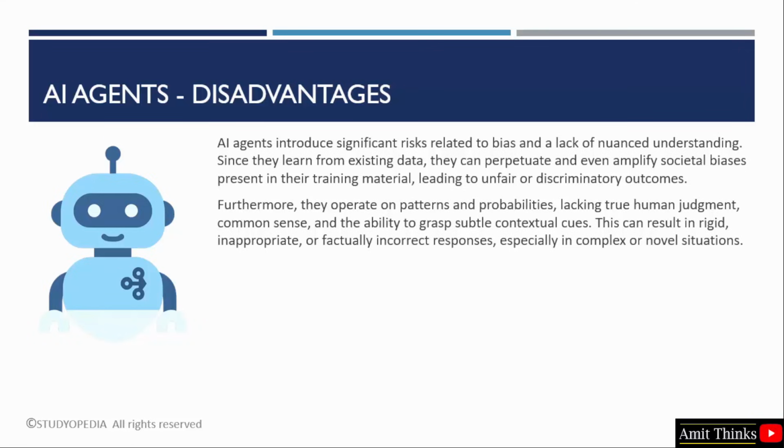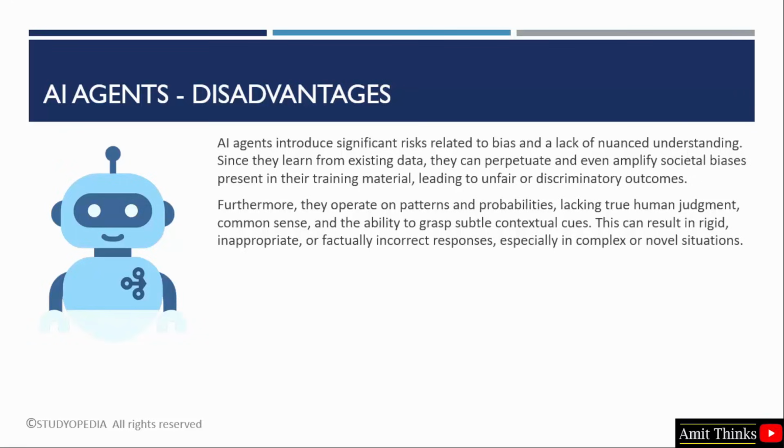AI agents carry notable limitations that can undermine their reliability. Because they are trained on existing datasets, they often replicate and sometimes intensify the biases embedded within that material. This can lead to unfair or discriminatory outcomes in decision-making processes.